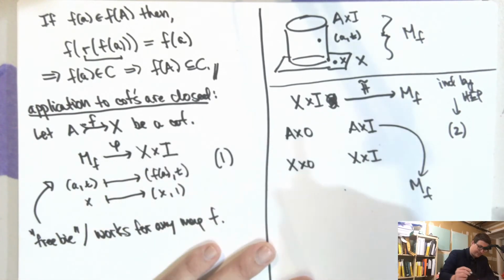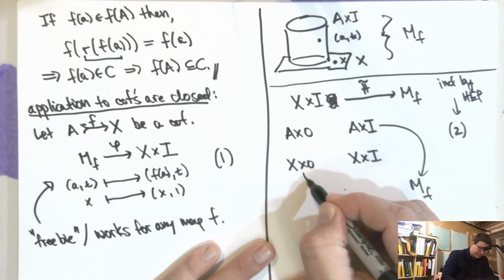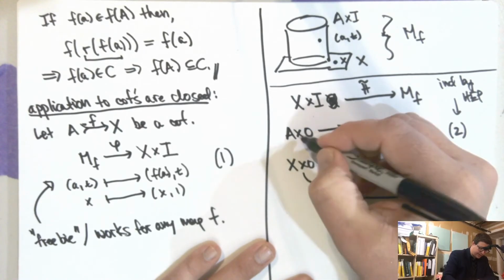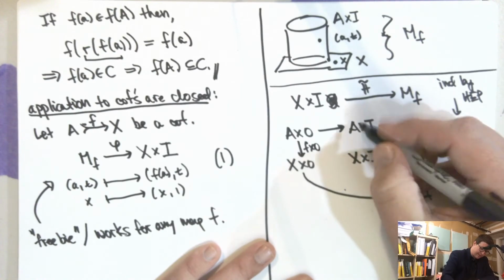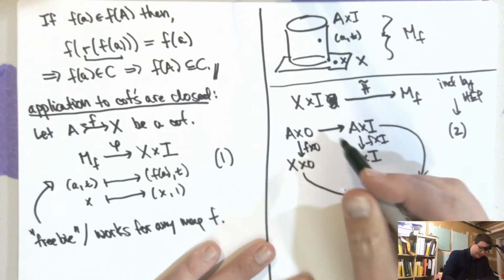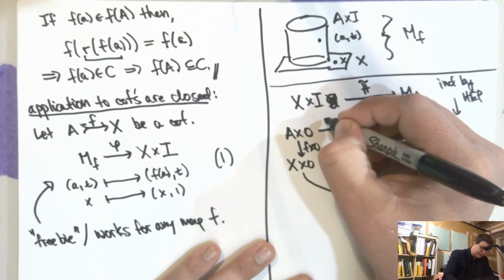Then we have this bottom map here, which goes into the bottom of the mapping cylinder. These diagrams commute. This is the inclusion at the 0 point. This one is the map f cross 0. This is the map f cross the interval, so functorially induced. This one is the inclusion at 0, so both of these are the inclusion at 0.